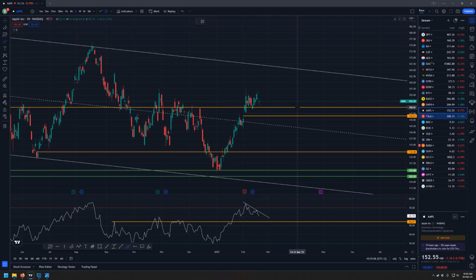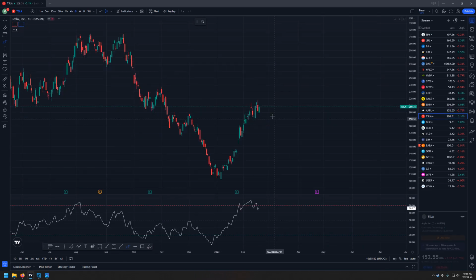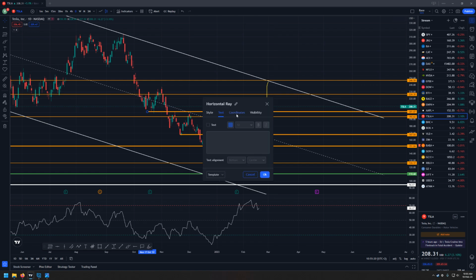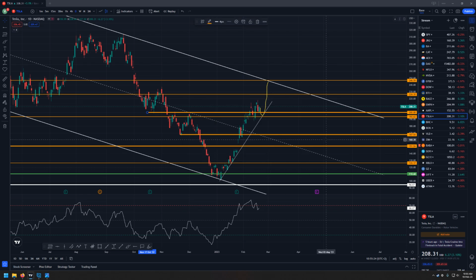So we have 150 as the line in the sand, right? And then Tesla, we have 200 as the line in the sand. Let's draw it here. We put it at 200. We're basically there right now, like 208.